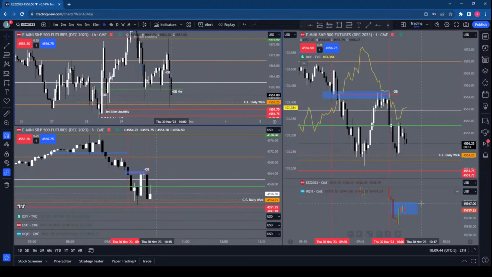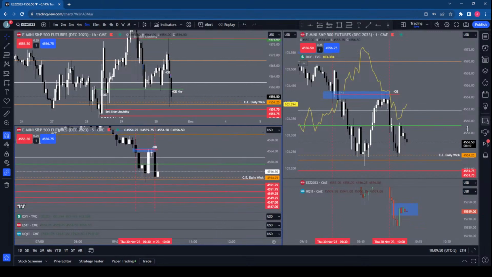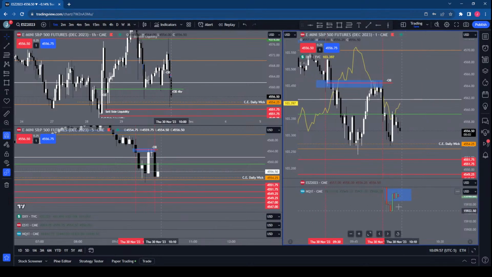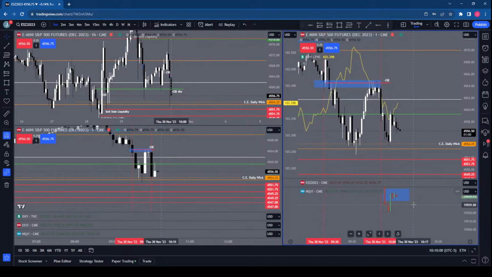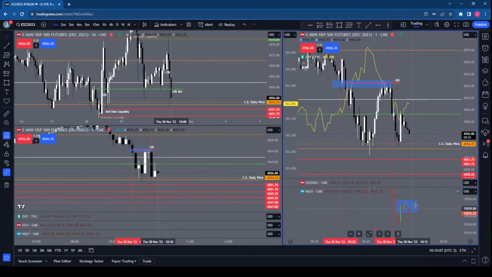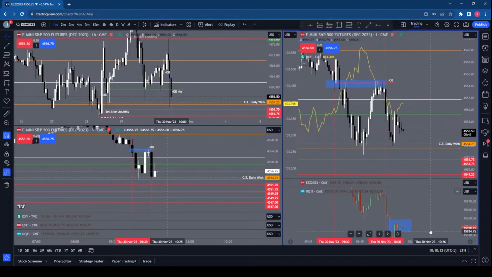I might use that as a red flag. Again, I think NASDAQ's an even better example. If we're in a trending market, this would be a great short entry.